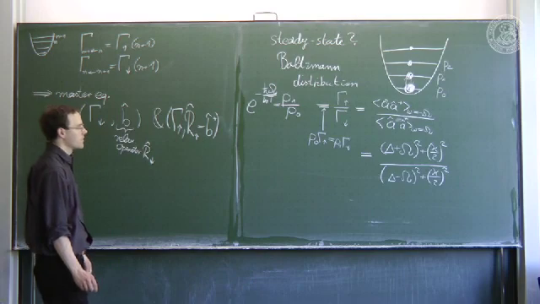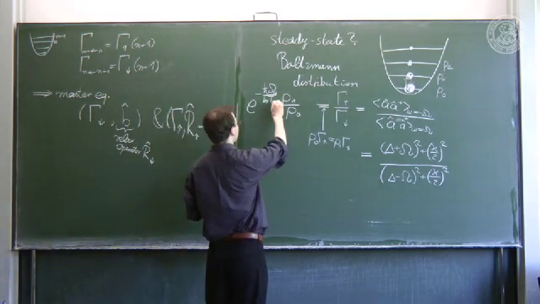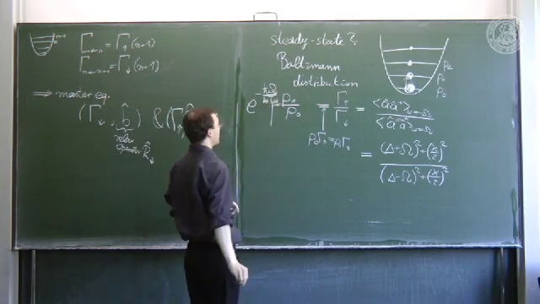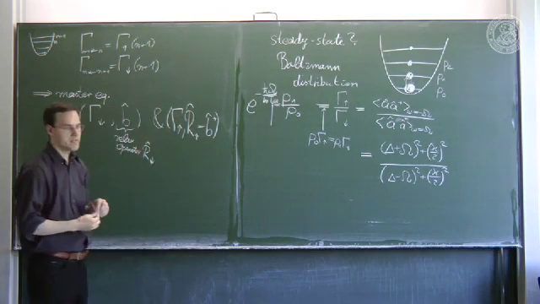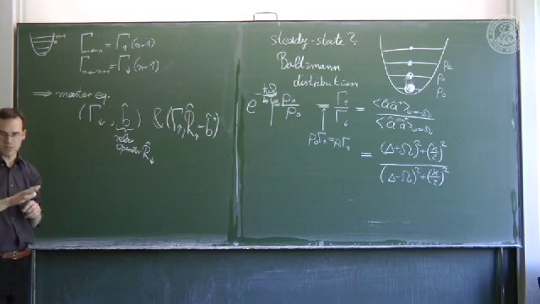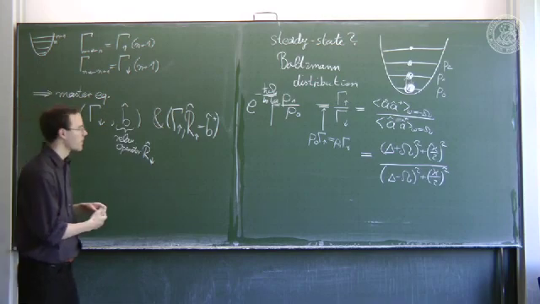But the other question is, well, if I know this effective temperature up here, then how would I extract the average phonon number? Because sometimes this is a better quantity to look at, especially if you are already near the ground state, than the effective temperature.